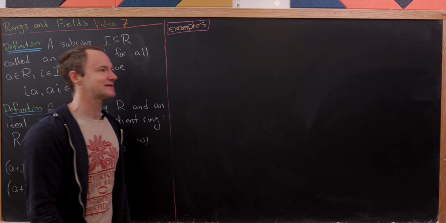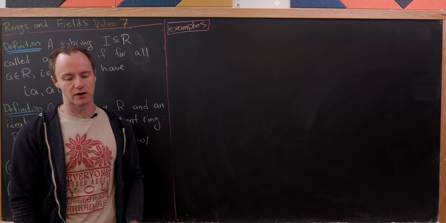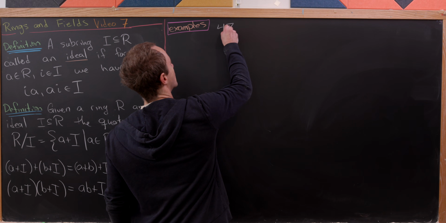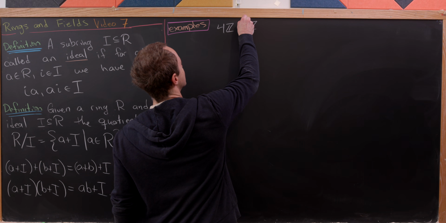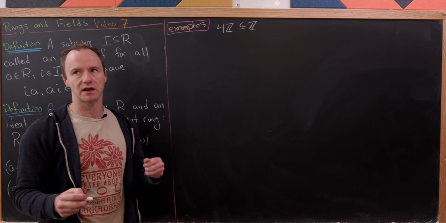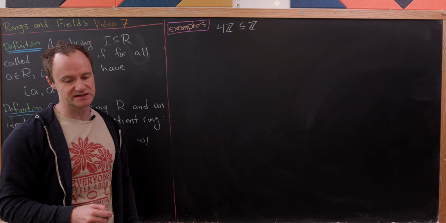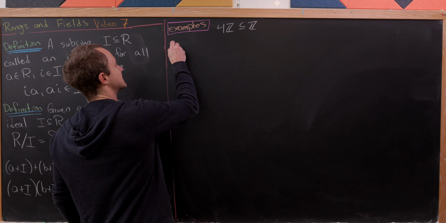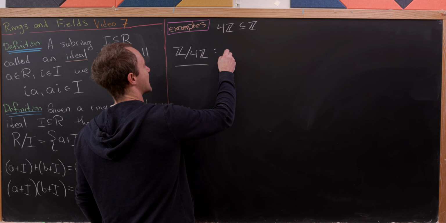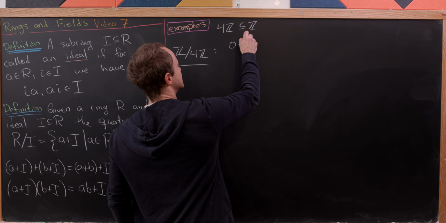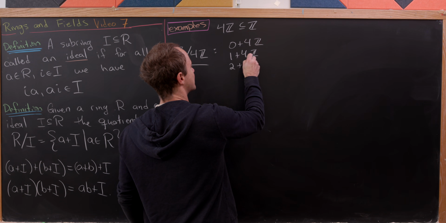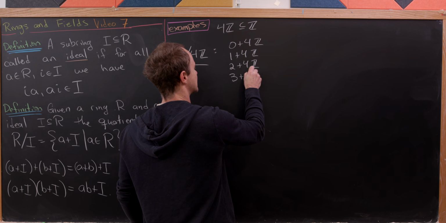Okay, so now let's look at some examples of quotient rings and then some calculations within quotient rings. So let's start with 4Z as a subset of Z, or actually an ideal of Z. So we checked that nZ, where n was any integer, was an ideal. So this is an example of that. So let's look at Z mod 4Z. So that's the quotient ring. And notice that it's going to have the following elements: 0 plus 4Z, 1 plus 4Z, 2 plus 4Z, and 3 plus 4Z.